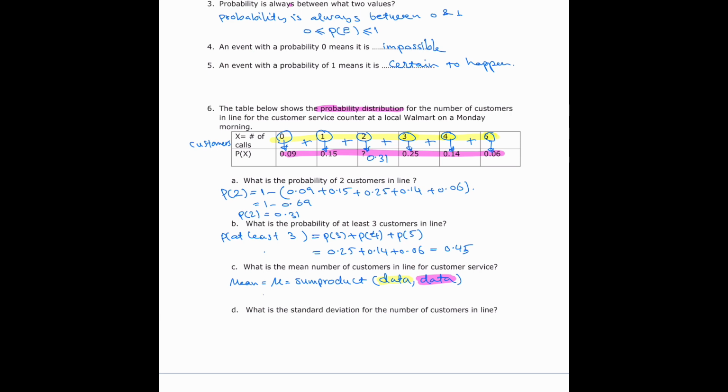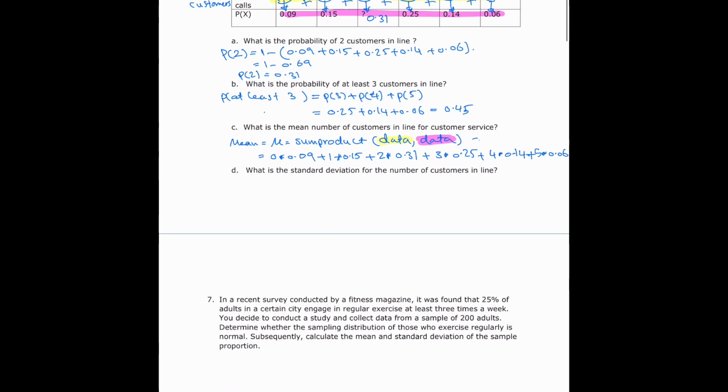You're going to say the mean is equal to 0 times 0.09 plus 1 times 0.15 plus 2 times 0.31 plus 3 times 0.25 plus 4 times 0.14 plus 5 times 0.06, which is going to give you a mean that is equal to 2.38. So the mean is equal to 2.38. To find the standard deviation, number D, the standard deviation for the number of customers in line.